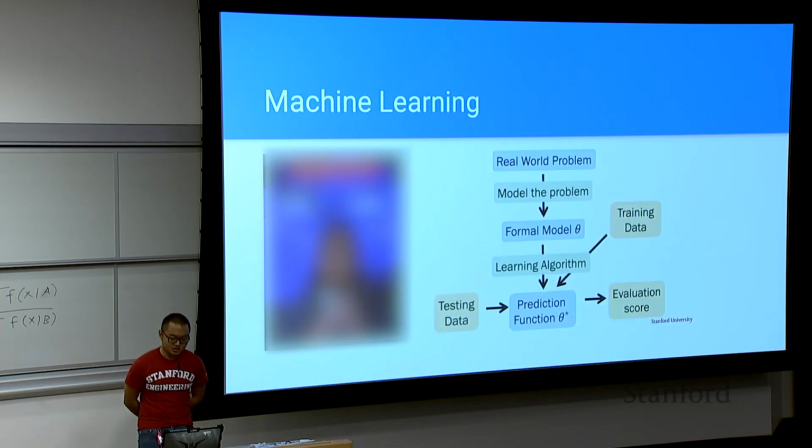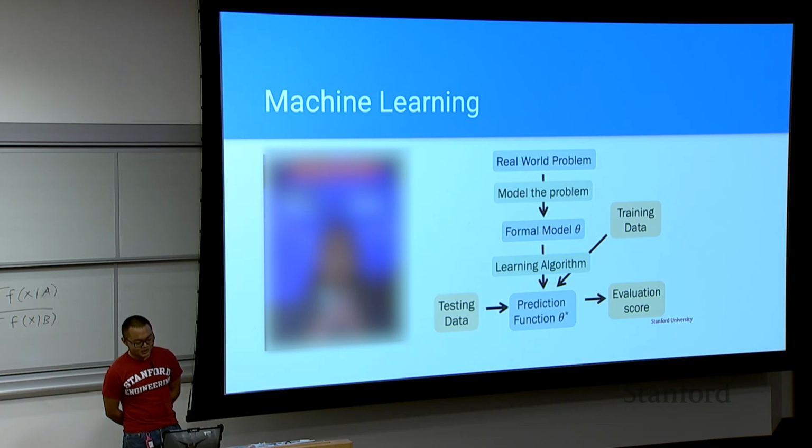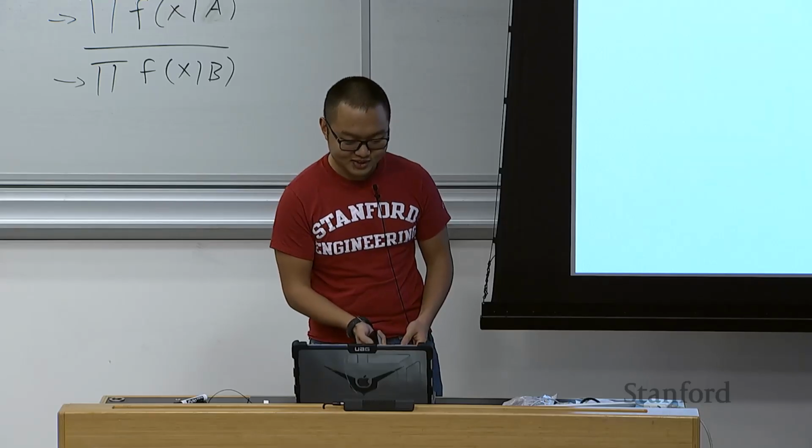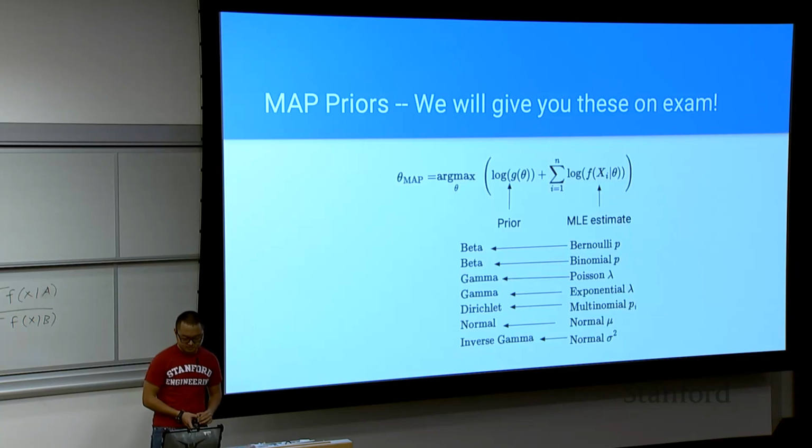So here's the general machine learning paradigm. The idea is someone gives you data and they want the optimal parameter. Oh, yes, sorry. Sure. What is the... The Dirichlet is the conjugate prior of the multinomial.